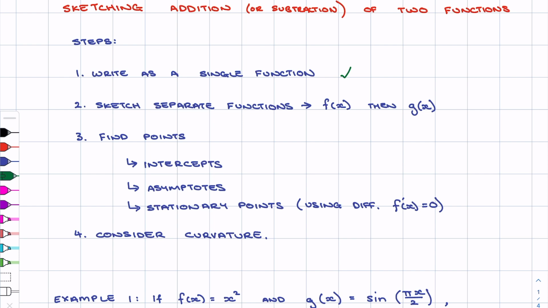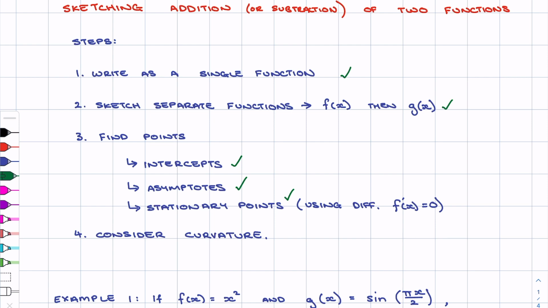We're going to then sketch the function in its separate parts, meaning the 2 functions that we're adding together in this case. And then from the single function, we're going to also inspect its intercepts, if there's any asymptotes, what they may be, and if there's any stationary points, we want to have a look at those.